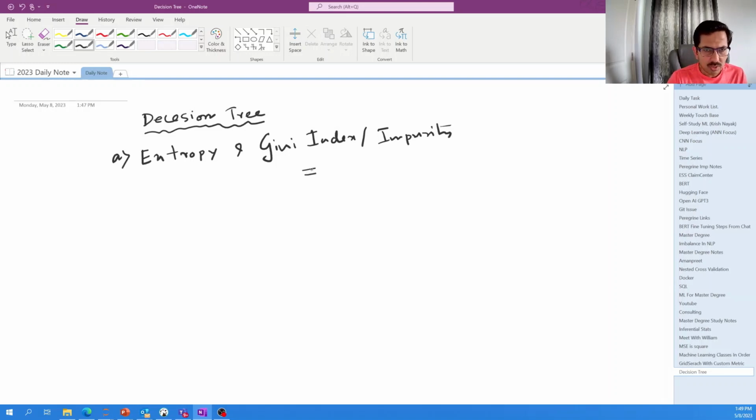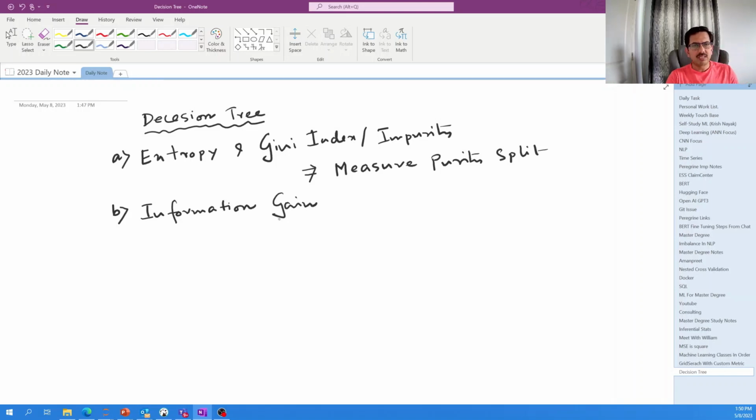These two are used to measure the purity of a split. I'll explain just right now because all these terms will be used so much. It's better to understand these terms at the very beginning. Another is information gain. These terms will be used very frequently when we explain decision tree.